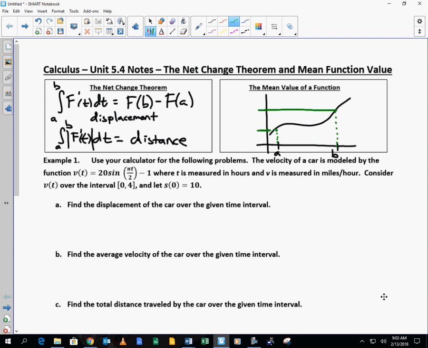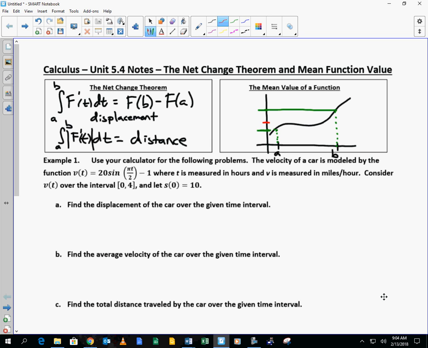The question is, what's the average height of the function, or the average value of the function? You tell me when you think I'm at what you would consider the average height of the function. You tell me when to stop. Yeah, it kind of hangs out at around that height for quite a long time. So maybe that's the average height of the function right there.